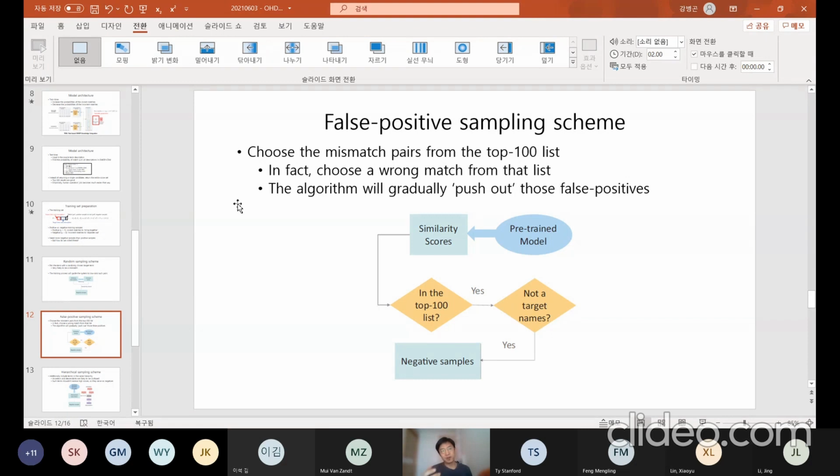And if we find false positive samples in the top 100 list, so if we find something that should not be a good matching in the top 100 list, then we take that to be a negative sample. So we're essentially taking feedback from a partially trained model and inserting it back into the negative sample list.